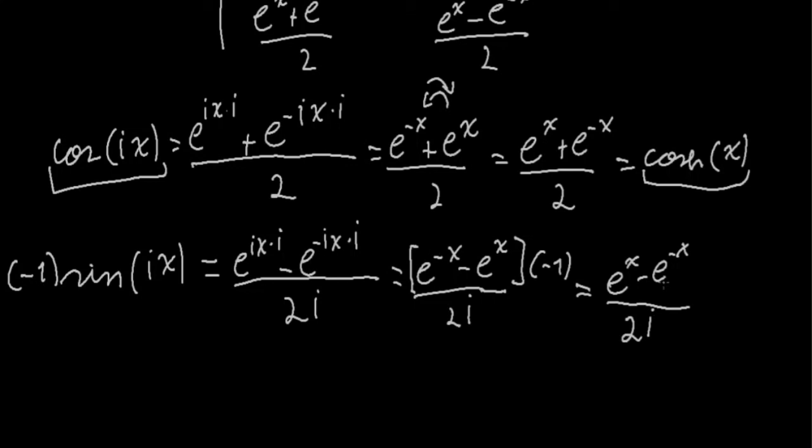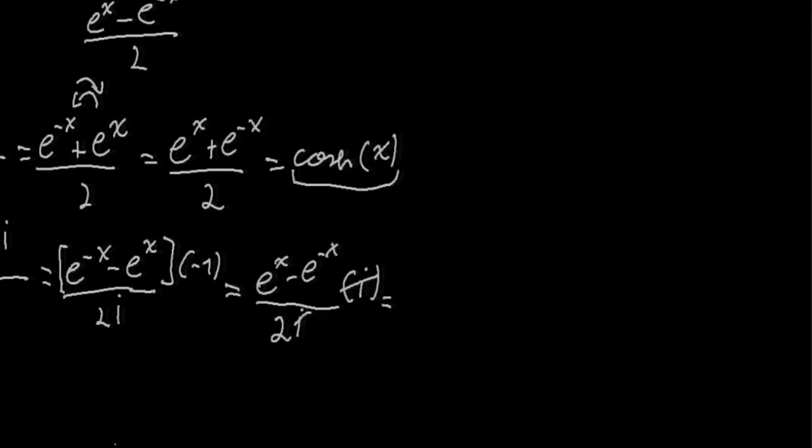And we still have the i there, so we're just going to multiply this by i. So it cancels, right? And what you get at the end of all of this is e to the x minus e to the negative x over 2, which is the hyperbolic sine.